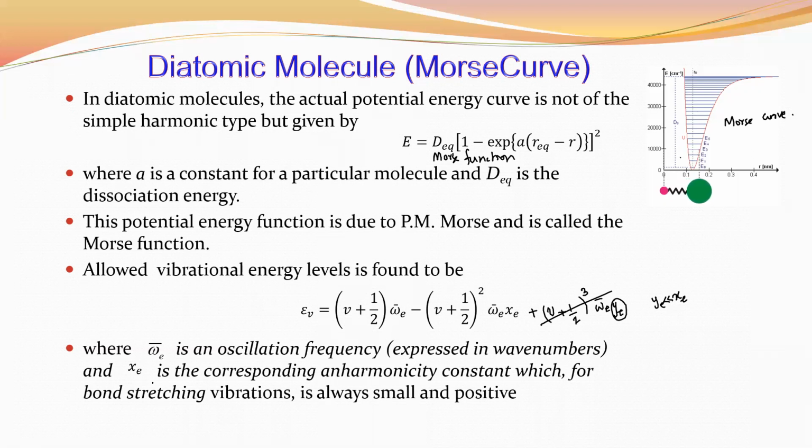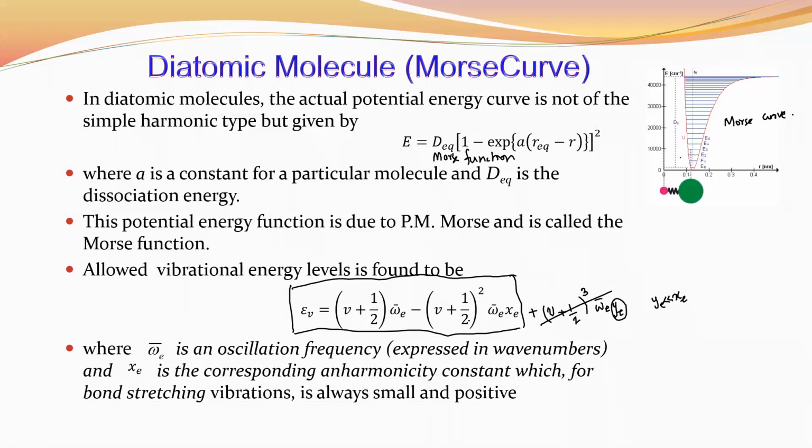So it is important here to remember the energy of the anharmonic oscillator, that is v plus half nu e bar minus v plus half whole square nu e bar into Xe, where Xe is the anharmonicity constant. It must be a small and positive quantity.